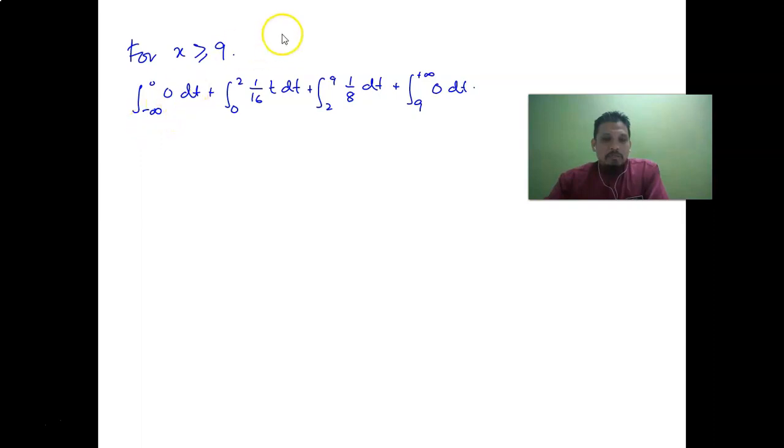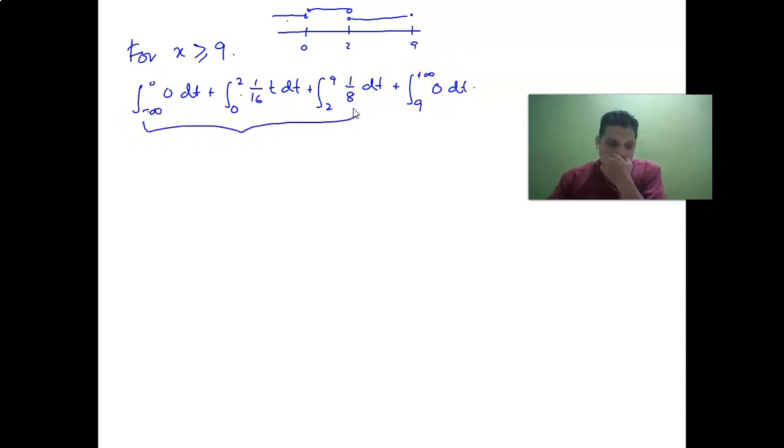Okay, so accumulate 0, 2, and 9. Accumulate one result from negative infinity until 0, plus the function in the domain of 0 until 2, and then plus the integral from the domain 2 until 9 of the function 1 over 8 dt, plus the last one here. So this we consider as F9.